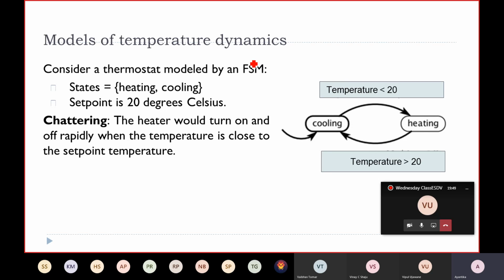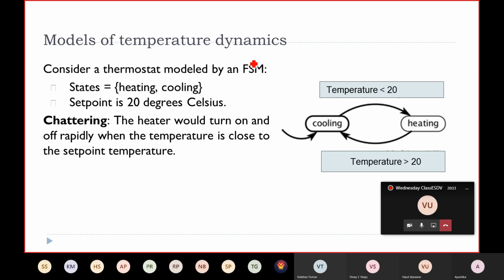Now, I think you all know about the thermostat and how it works. In case of a thermostat, we know that we have to set some set point. Any temperature can be my set point, and based on that, the thermostat will change its state from heating to cooling, or cooling to heating.